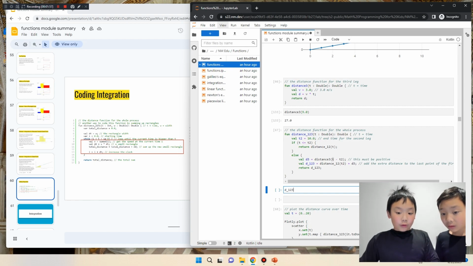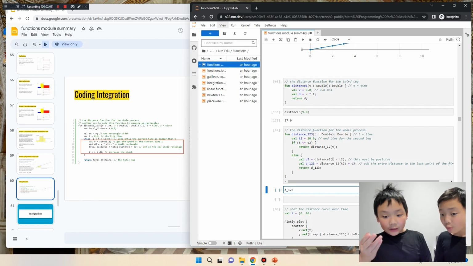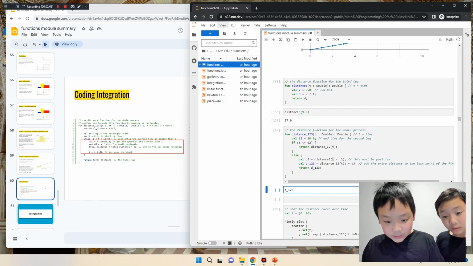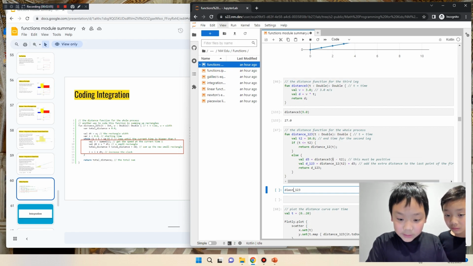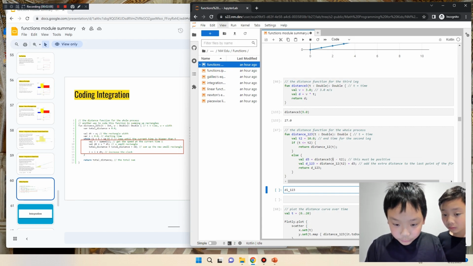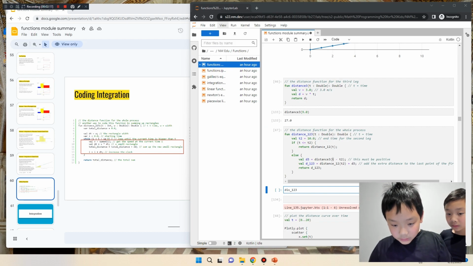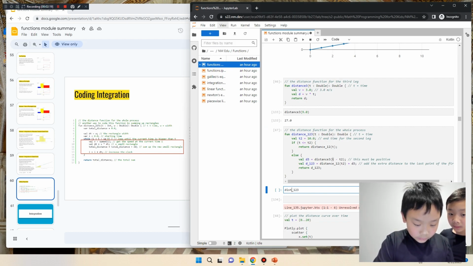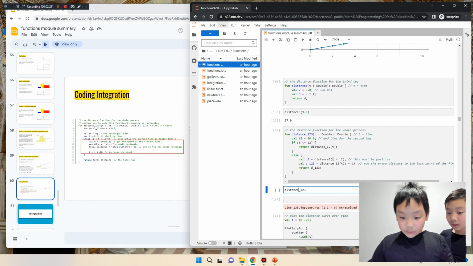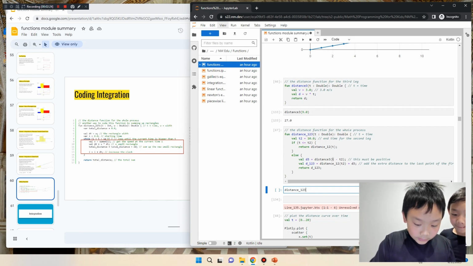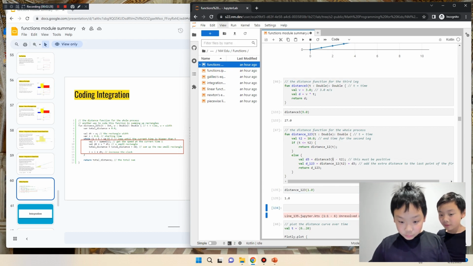So the short word for distance 1, 2, 3 can be d1 to 3, because I'm not bothered to say d1, 2, 3. So first we put the distance 1, 2, 3. So let's just type in distance 1, 2, 3. So here we can see that we put 1 and it'll give us the same thing, just 1.